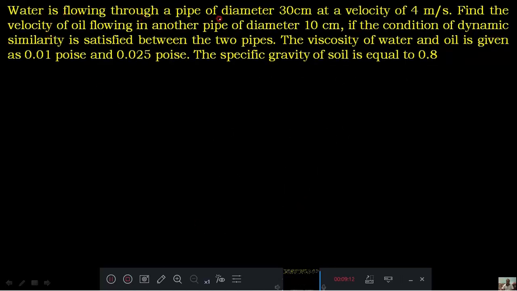Water is flowing through a pipe of diameter 30 centimeter, velocity 4 meter per second.